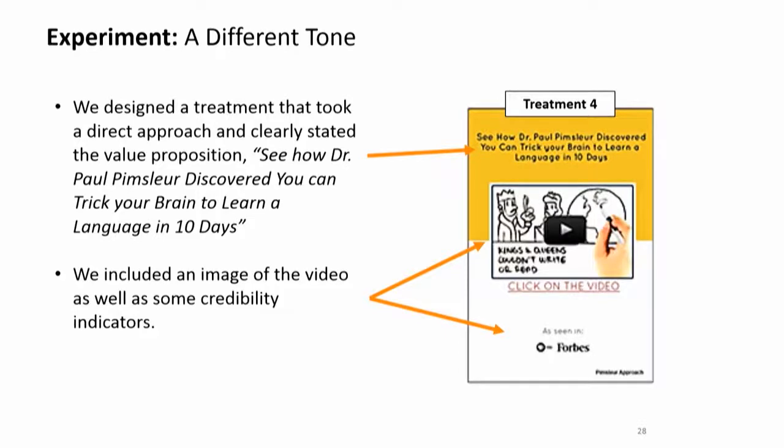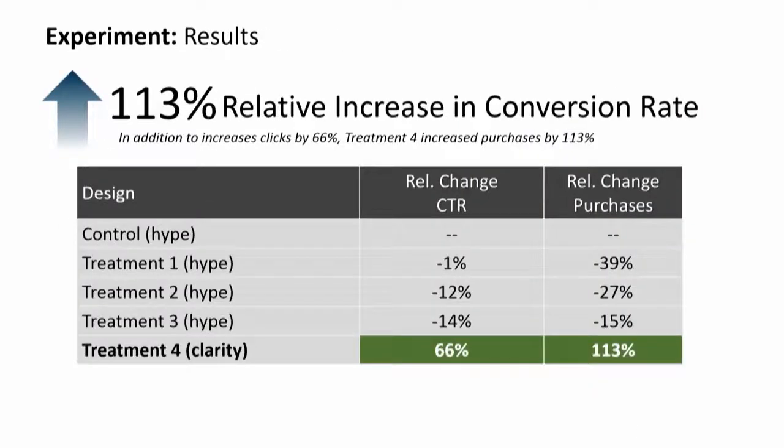And if you compare that with the others, you now have a control and 4 treatments, 5 different ways to communicate. But the 5th way, we call this treatment 4 in the experiment, is very different than the others. So what do you think will happen? Well, here's what happened in the experiment. The 4th way produced a 113% increase. That's conversion at the level of purchases.